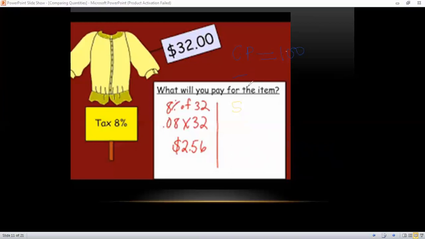So the tax is 8%. That means I'm going to apply this 8% on the cost of the item.